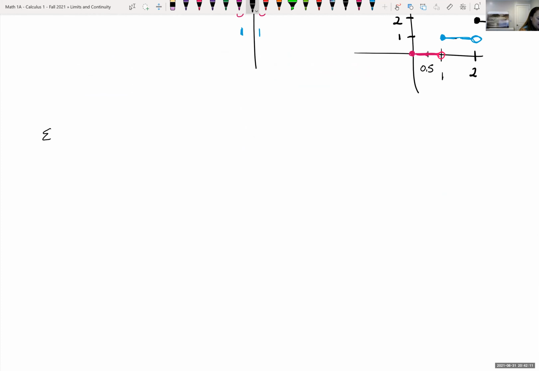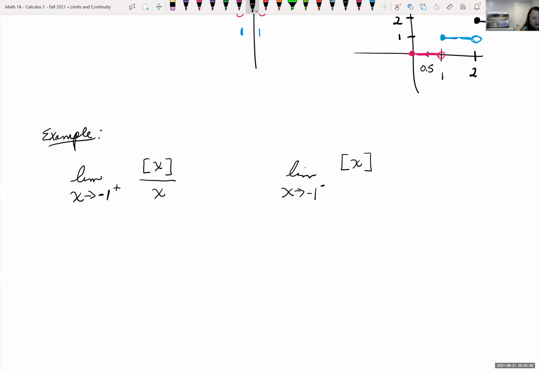So we're looking at the limit as x is approaching -1 from the right of the step function of x all over x itself. And we want to look at the limit as x is approaching -1 on the left of the same function, step function of x divided by x.